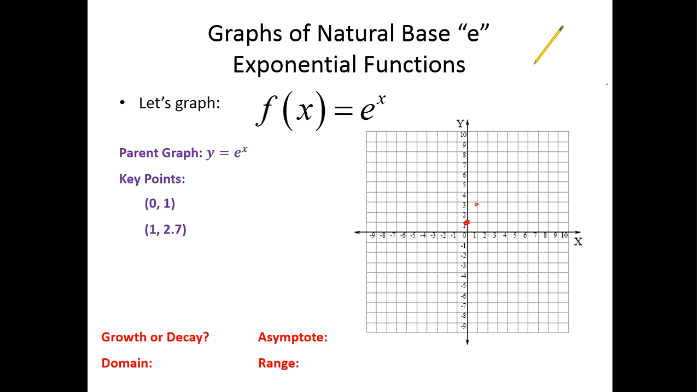So those are going to be some key points on our graph. And notice, guys, if we plug in a negative value, that would be e to the negative 1, you're going to get something very close to 0, because that would be 1 over e, which is basically 1 divided by 2.7.